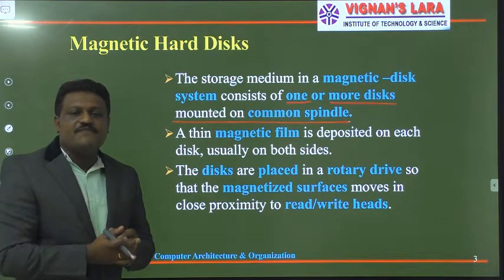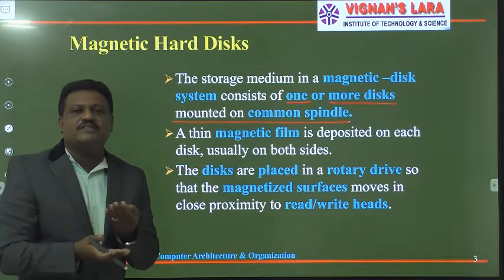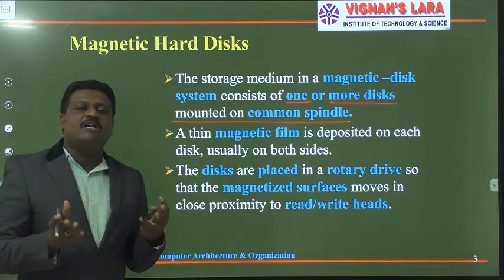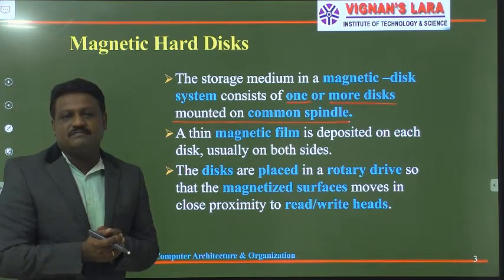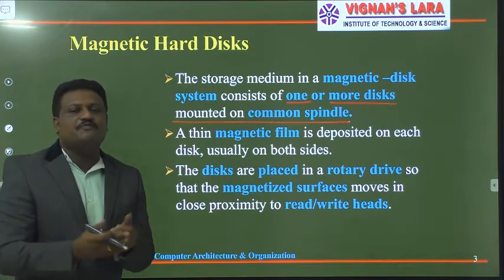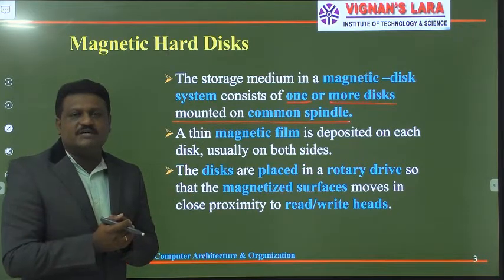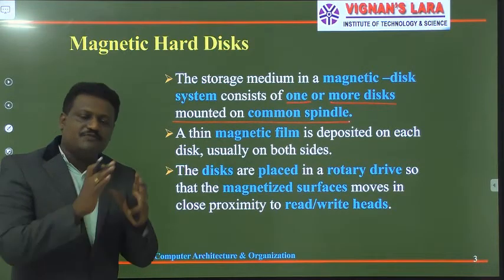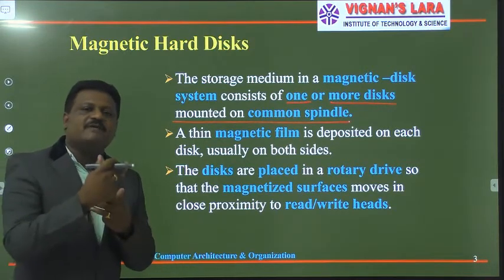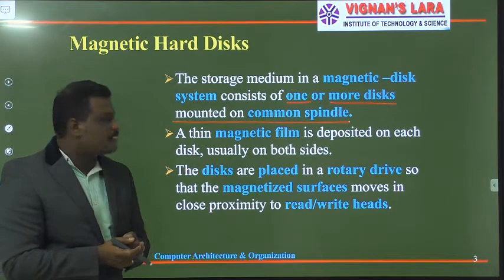That means a disk system may consist of either a single disk or multiple disks mounted on a single spindle. If you go for a diagram, you will have a better idea regarding this statement. Your hard disk may not consist of only one disk; it may consist of one disk as well as multiple disks.